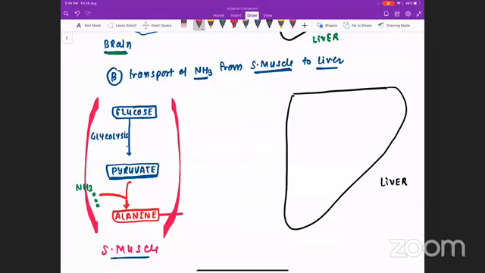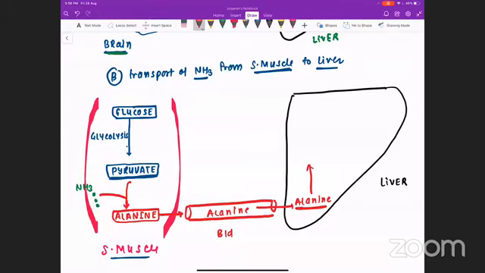This alanine will travel all the way via blood because alanine is a non-toxic molecule. So alanine will travel via blood and will reach the liver. When the alanine reaches the liver, it will be split back into two: one will be your ammonia and the other the pyruvate.